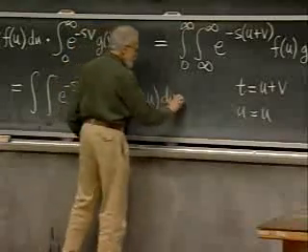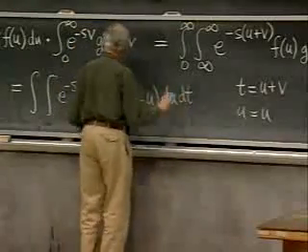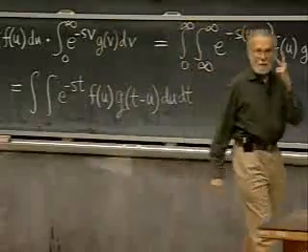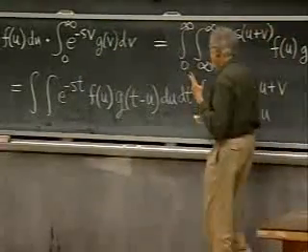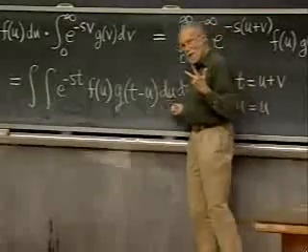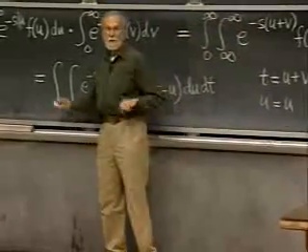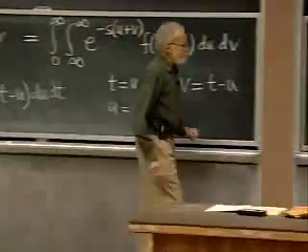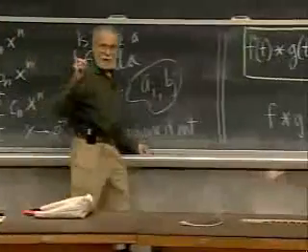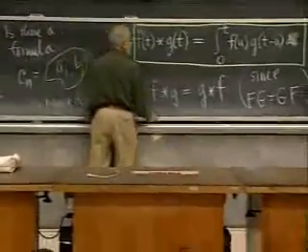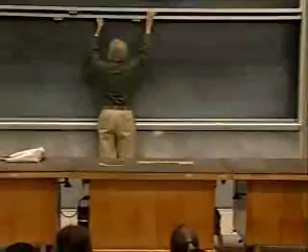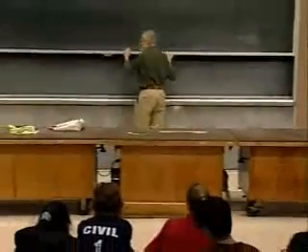Now I want to change this to an integral du dt. Now for that you have to be a little careful. We have two things to do to figure this out, what goes with that, and we have to put in the limits also. Those are the two non-trivial operations when you change variables in a double integral. So let's be really careful.